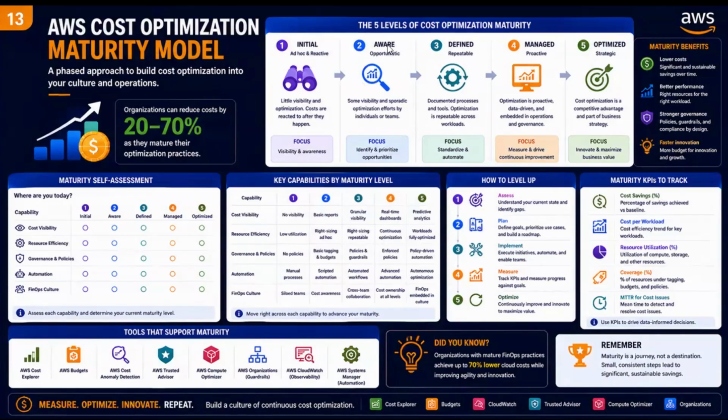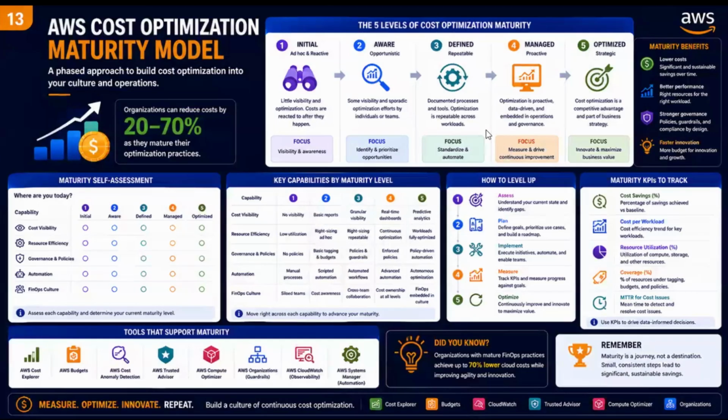Then, with these opportunities, focus on identifying and prioritizing your opportunities and defining the repeatable, focus on standardized and automated, and manage proactive measures and drive the continuous improvement, and optimize strategy, focus on improvement and maximize business value. So this is the pattern and ecosystem within this cost optimization maturity model.